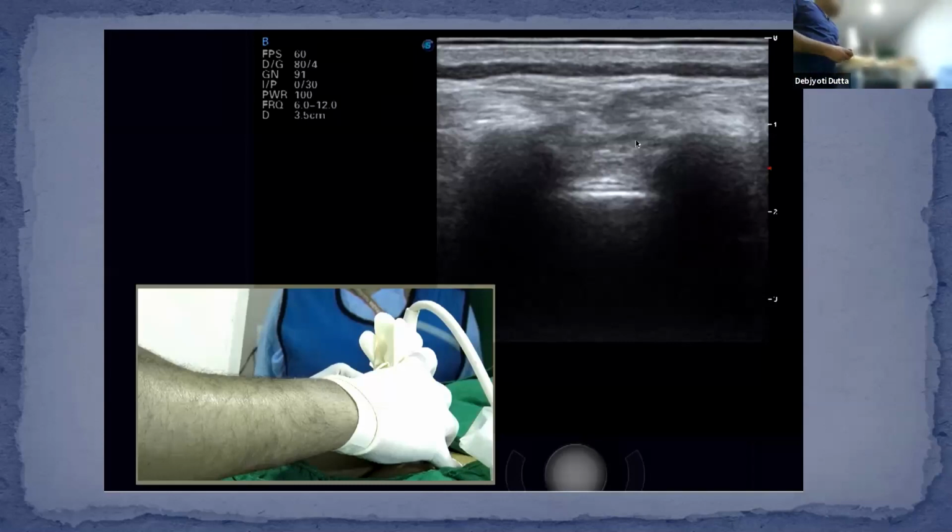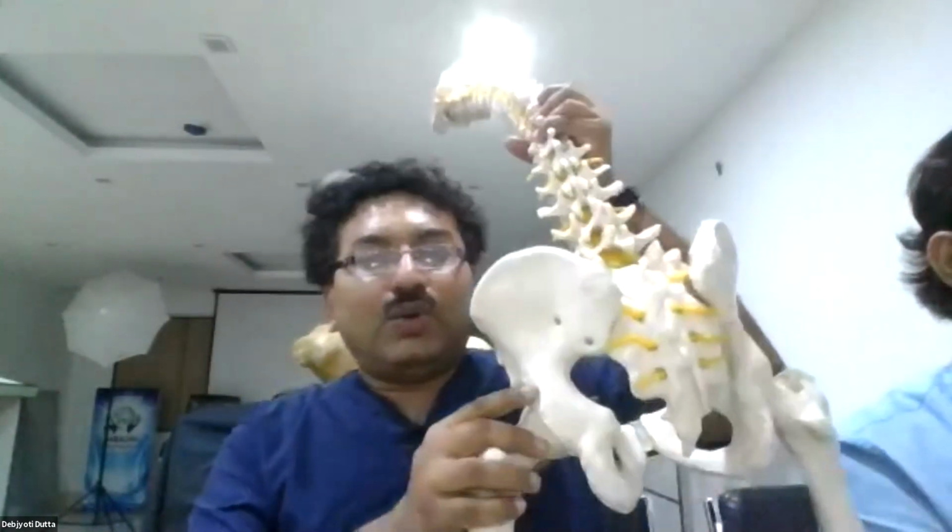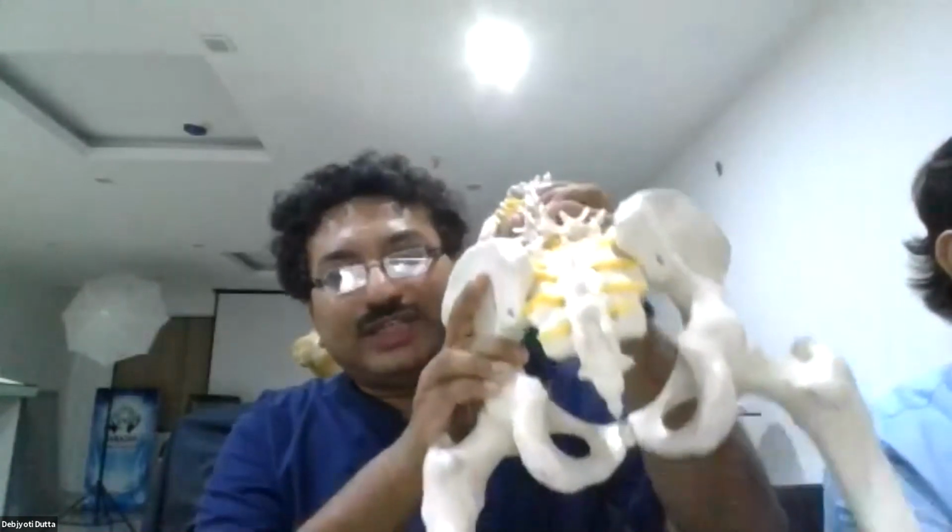So let's see again in the bone where we need to go. For those from an anesthesiology background, it is a little easier to understand because they have already done this, especially in children. But remember, doing it in children is much easier than in adults. So let's see how this can be done in adults.